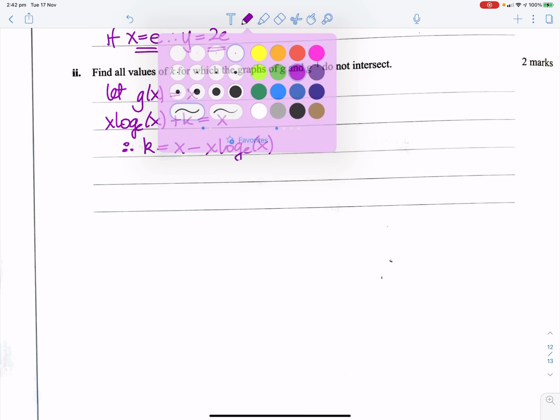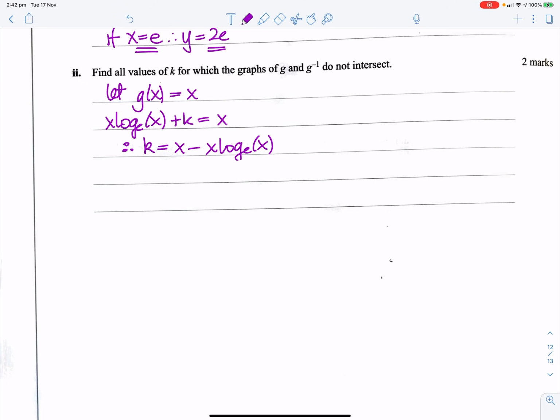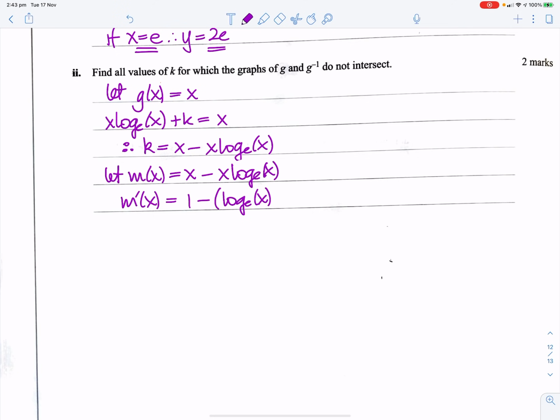So let's let it equal, not k of x, let's let it equal m of x. Let m of x equal x minus x log e x. m dash of x is 1 minus, if we derive x log e x, we know that we get log e x plus 1. Leave that, derive that. 1 on x times x.